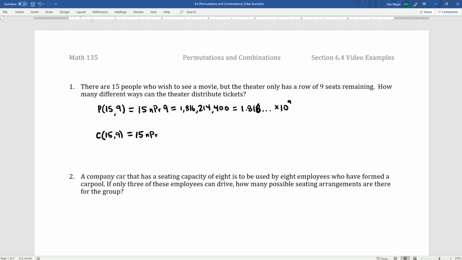When we put that into the calculator, there's only 5,005 of those. So there's a lot fewer combinations than there are permutations. But again, I think the intent for this problem is that it's a classic permutation, selection and arrangement.